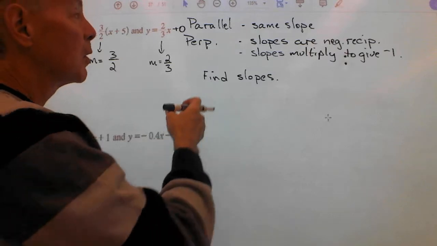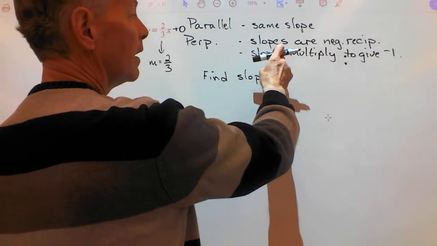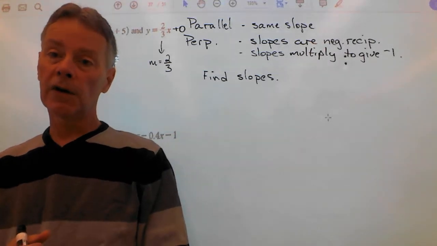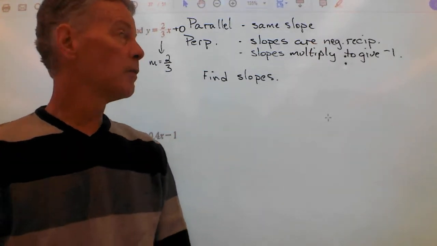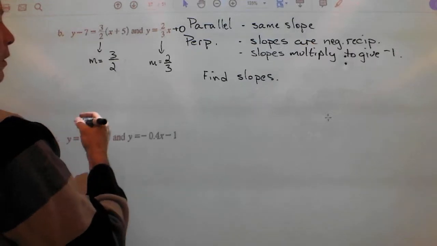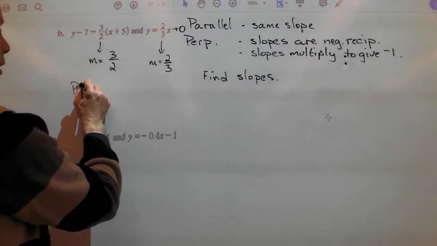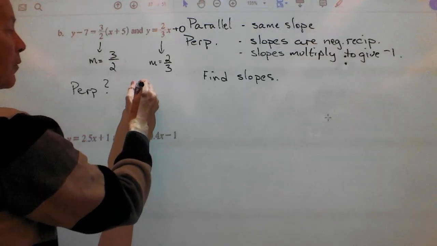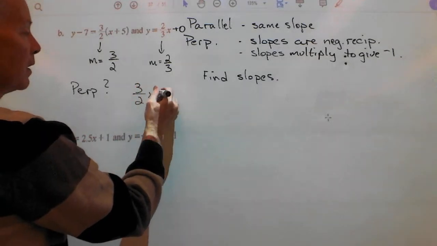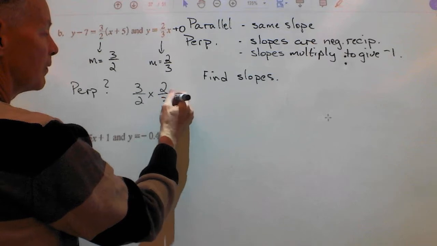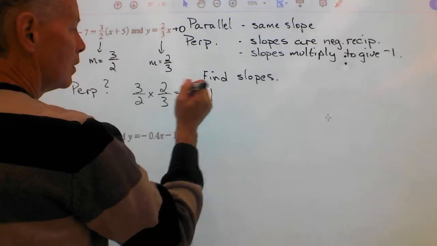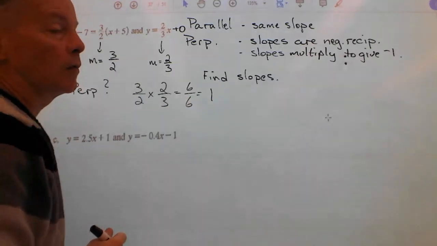Remember, if they're perpendicular, then by multiplying the slopes together, we should get an answer of -1. So let's see if they're perpendicular. Let's multiply the slopes. So we say, are they perpendicular? If we take the slope of the first one and we multiply it by the slope of the second one, that gives us 6/6, or +1.